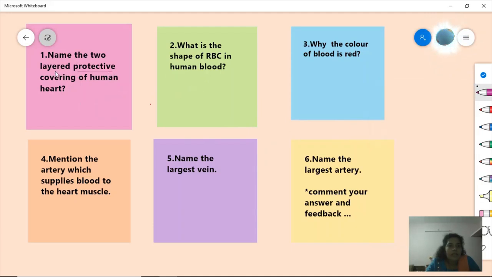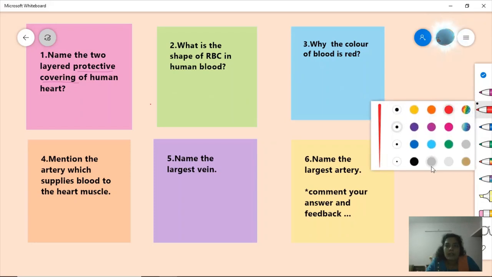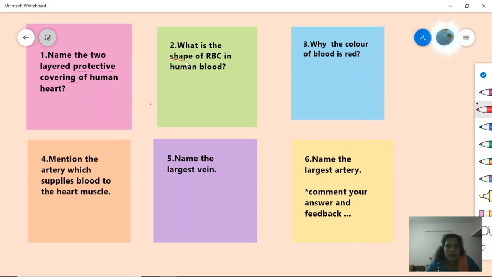Second: what is the shape of RBC in human blood? Third question: why is the color of blood red?